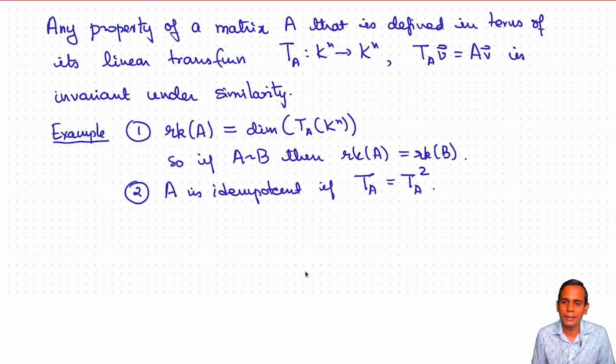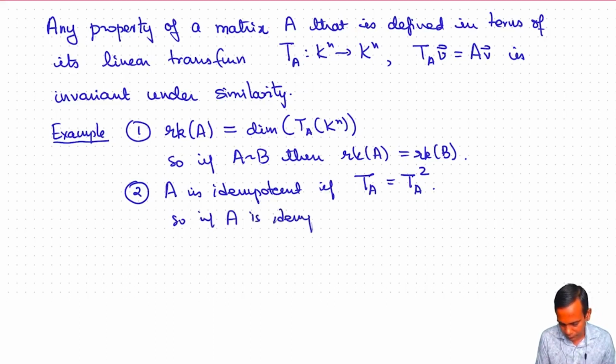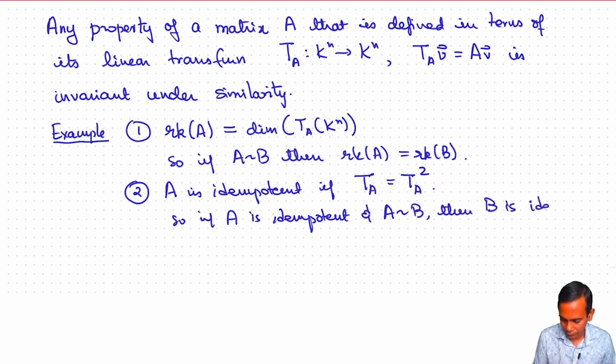It's defined purely in terms of the linear transformation corresponding to A. So if A is idempotent and A is similar to B, then B is also idempotent. Okay, so similarly you can talk about nilpotence, that is some power of A is 0 or something like that.